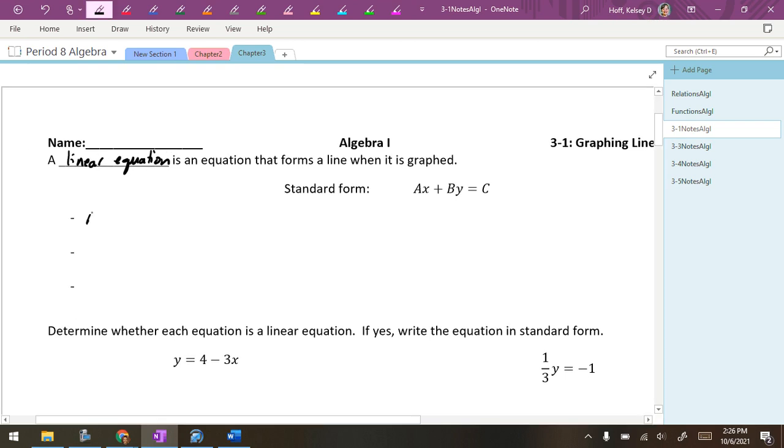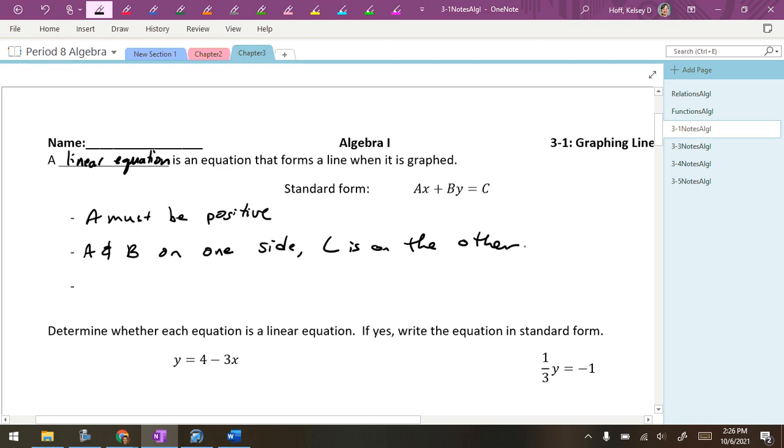First one, A must be positive. The A value, or your x term, must be positive. A and B on one side, C is on the other.